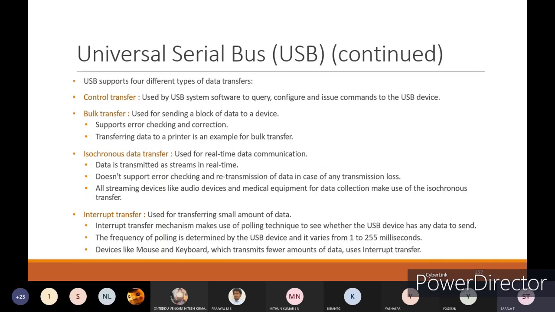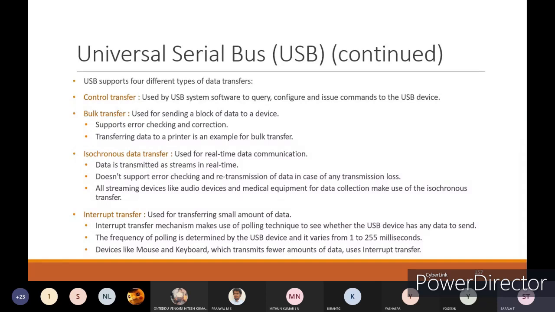Isochronous data transfer is used for real-time data communication. Data is transmitted as a stream in real time and it doesn't support error checking and retransmission of data in case of any transmission loss. If any transmission loss comes in real-time data communication, retransmission is not required.